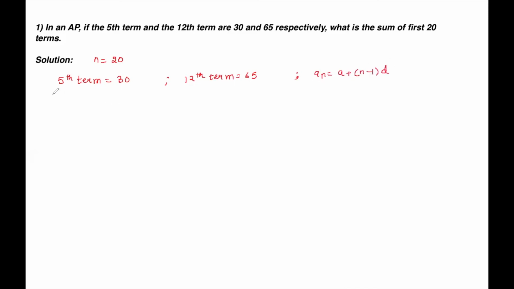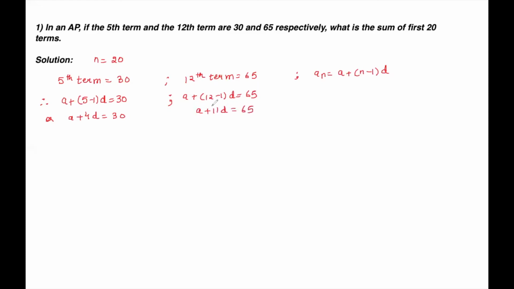So from here, we can see that the fifth term, that is equal to a plus (5 minus 1)d is equal to 30, or I can say a plus 4d is equal to 30, right? Similarly, here I can say a plus (12 minus 1)d is equal to 65, or I can say a plus 11d is equal to 65.